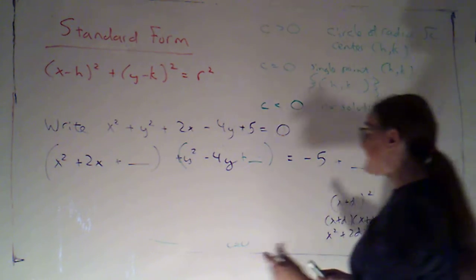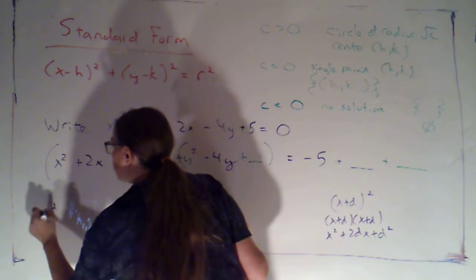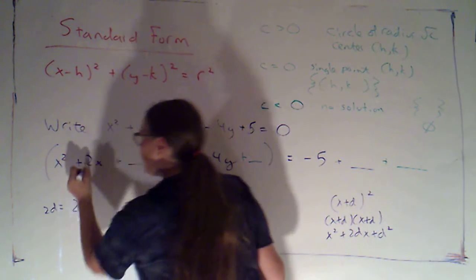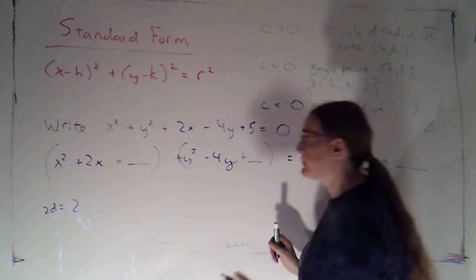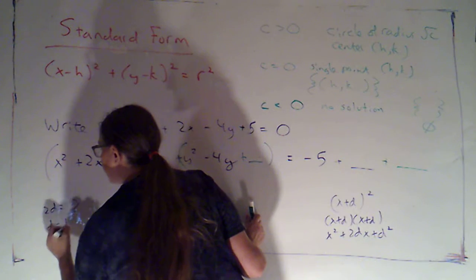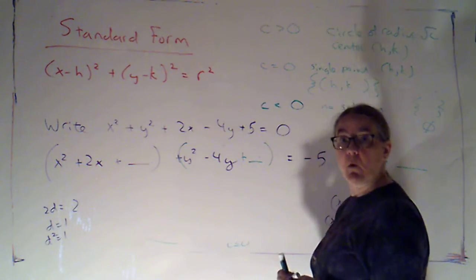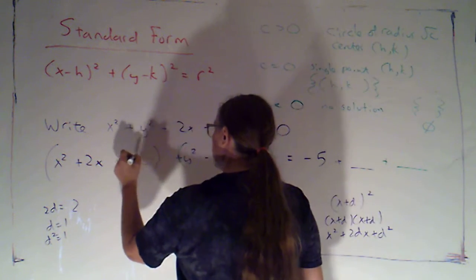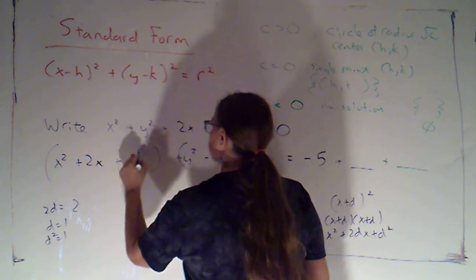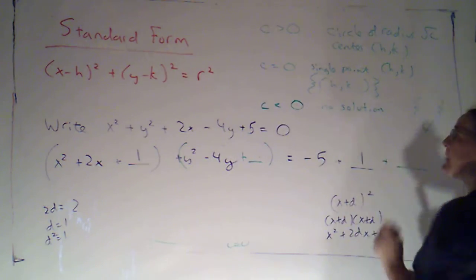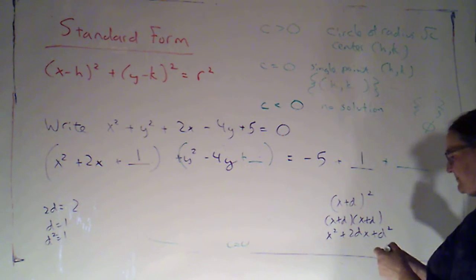The number of x's that I have is supposed to be 2d. The number that I have is 2. So d would have to be 1, and that means that d squared would equal 1. So I'm going to add 1 on the left side, and I'll add 1 on the right side.